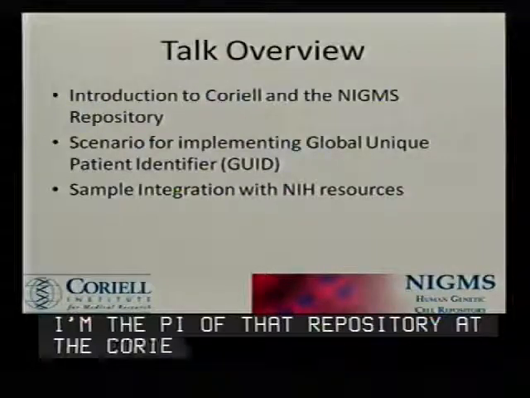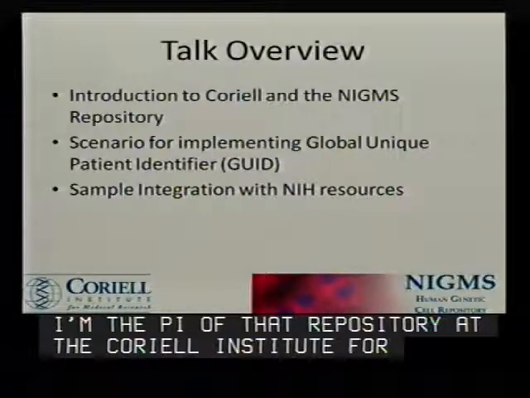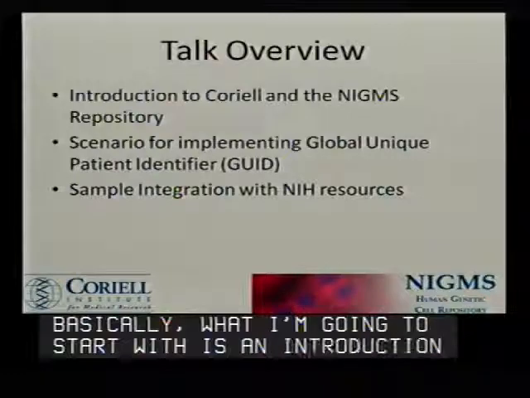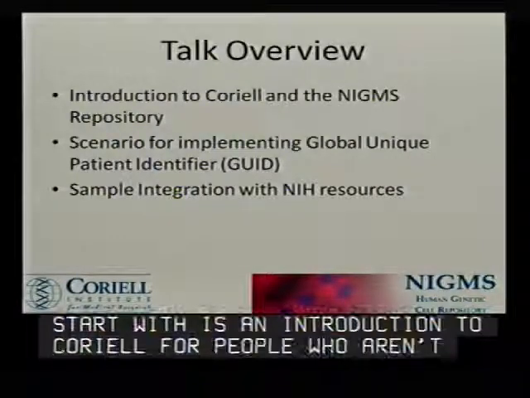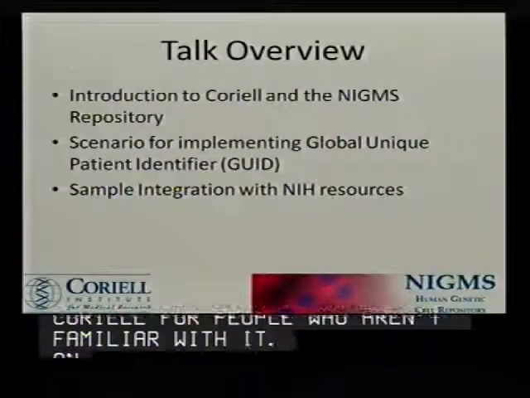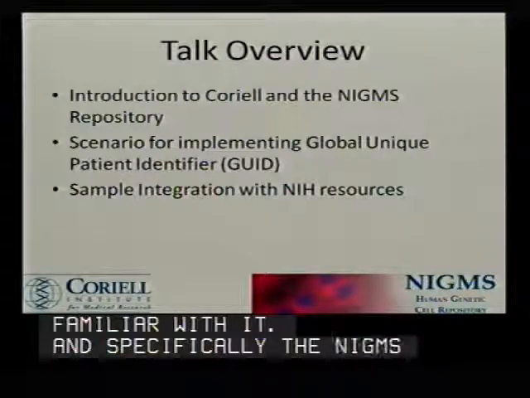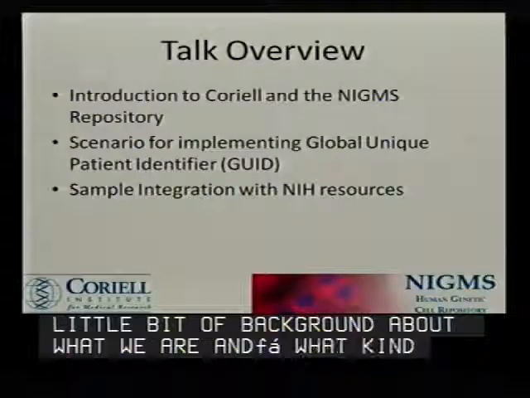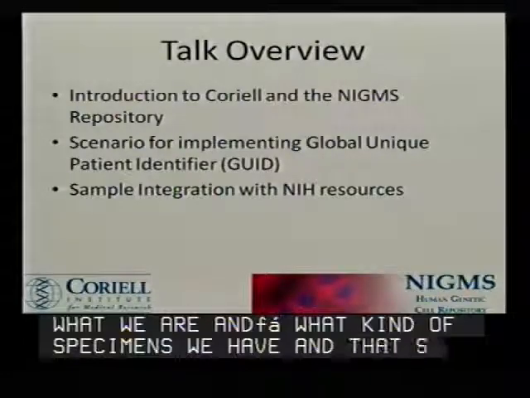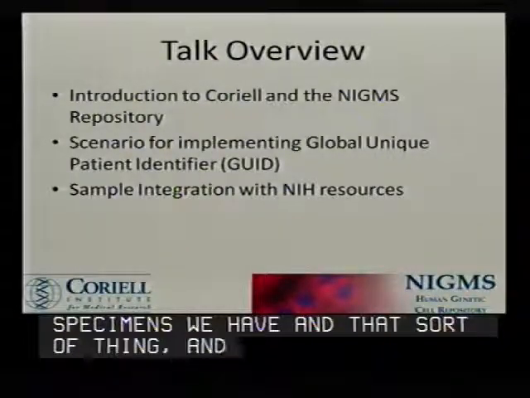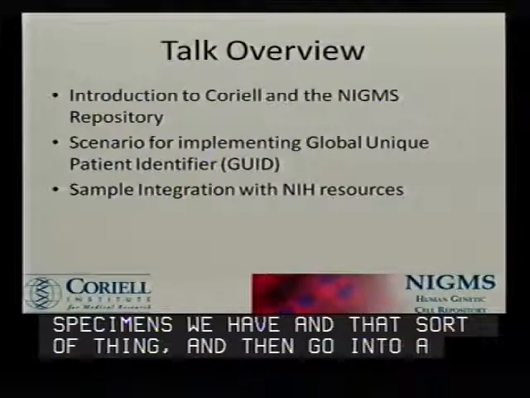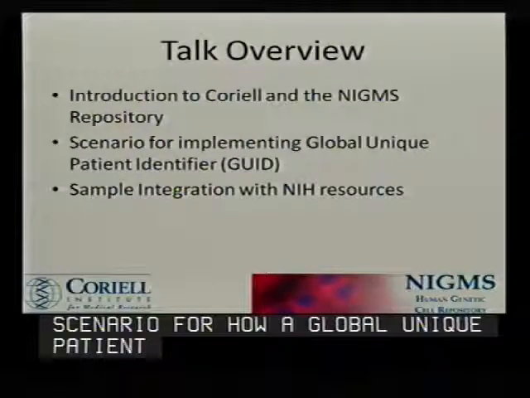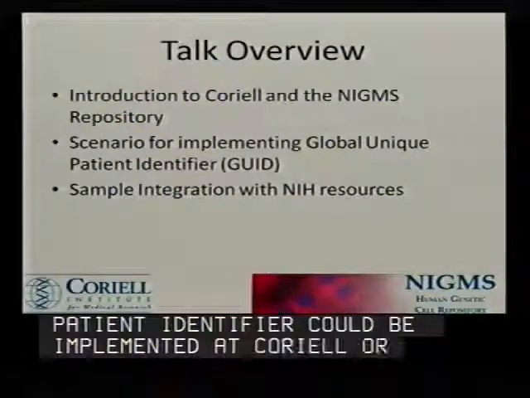So basically what I'm going to start with is an introduction to Coriell for people who aren't familiar with Coriell, and specifically the NIGMS repository, and give you a little bit of background about what we are and what kind of specimens we have. And then go into a scenario for how a global unique patient identifier could be implemented at Coriell or at the NIGMS Human Genetic Cell Repository.